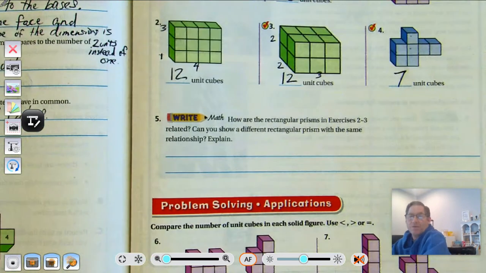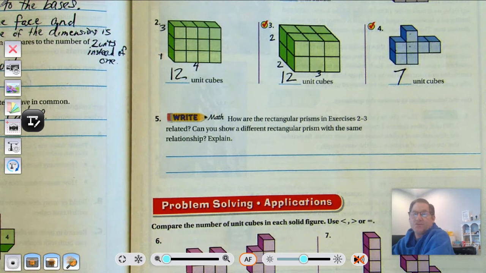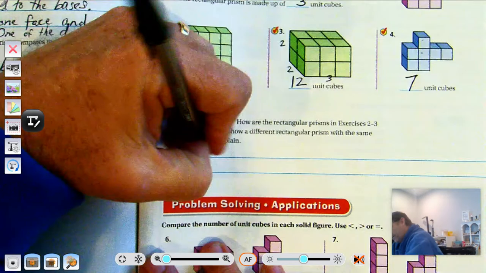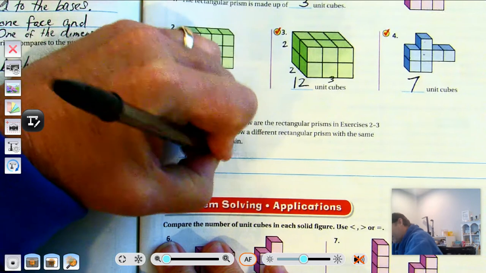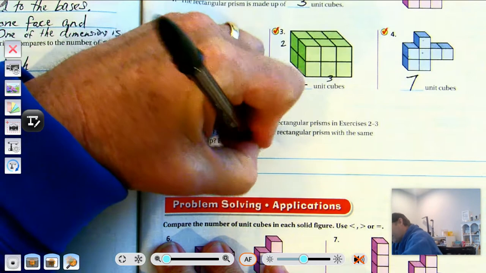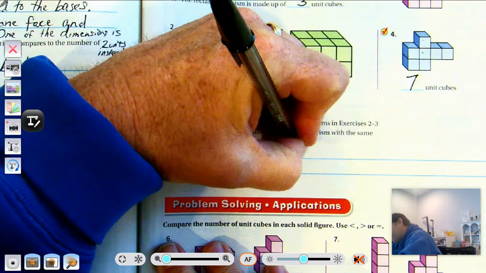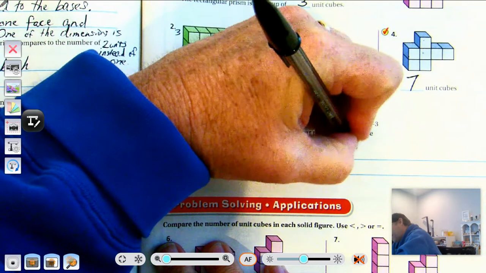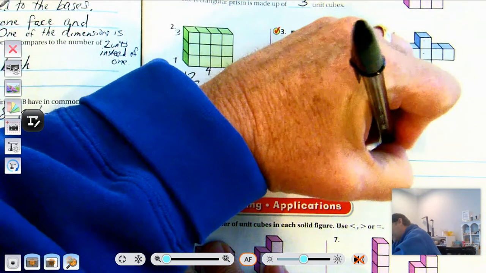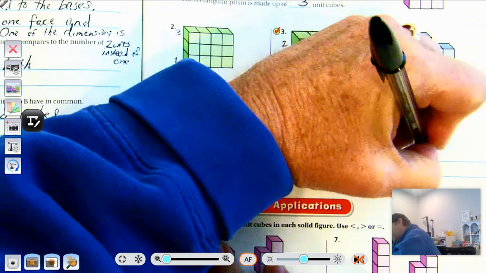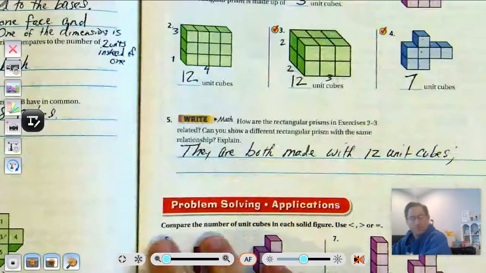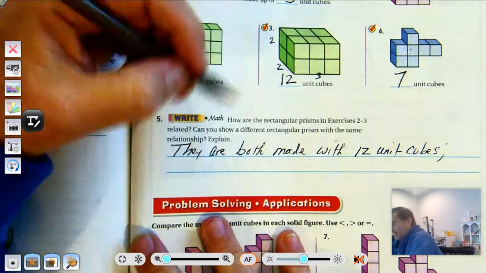Number 5, how are rectangular prisms in exercises 2 and 3 related? How can you show a different rectangular prism with the same relationship? Okay, they're both made with 12 unit cubes. And let's see.